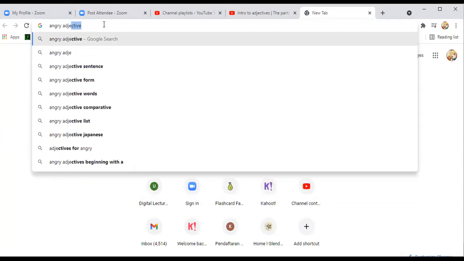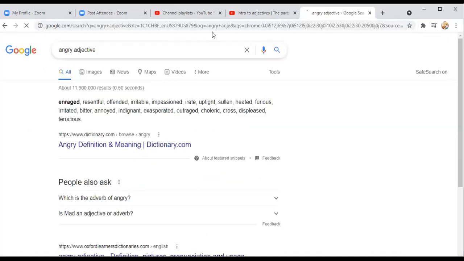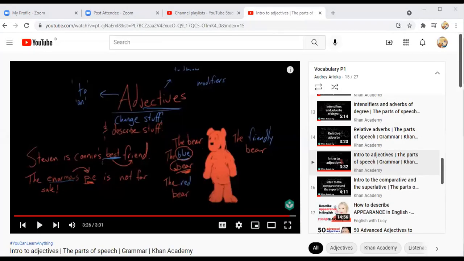Angry, adjective. As you can see, adjective: angry, bad, big, bitter, black, bland, bloody, blue, bold, bossy, brave, brief, bright, broad, busy, calm, cheap, chewy, chubby.